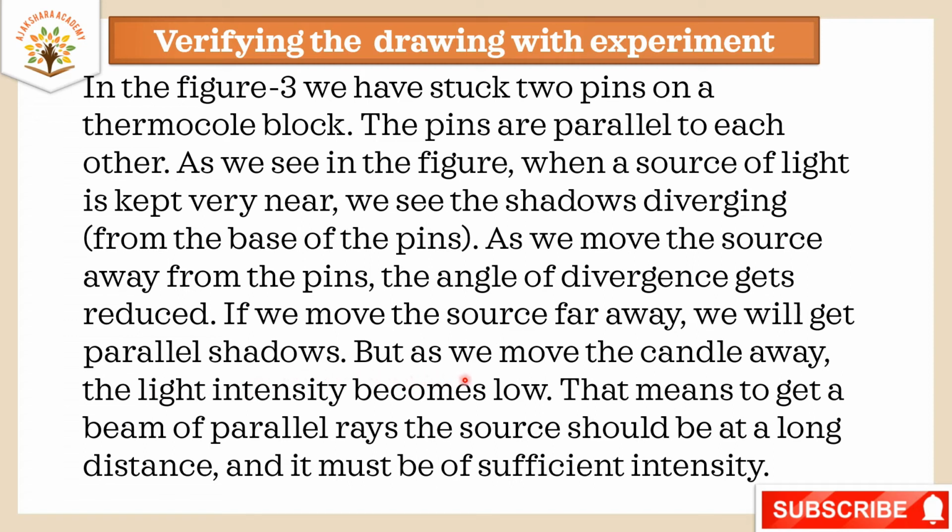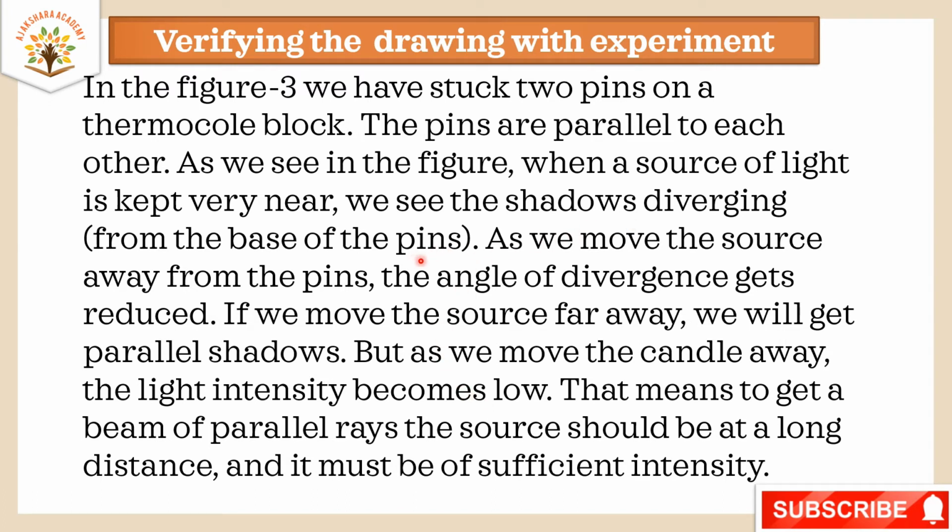As we move the candle away, the light intensity becomes low, so to get a beam of parallel rays, the source should be at a long distance and have sufficient intensity.